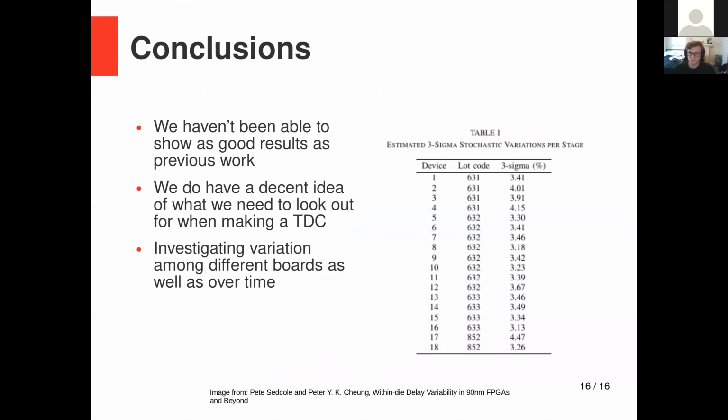So overall, we aren't the first people to try to look at this, of course. There's a previous paper that looked at this on an older version of these boards, I think more than 10 years ago. And we still don't have as good results as theirs for the variation.